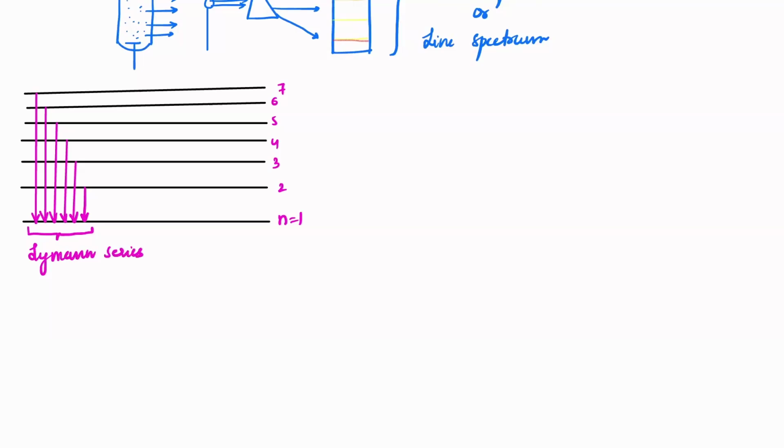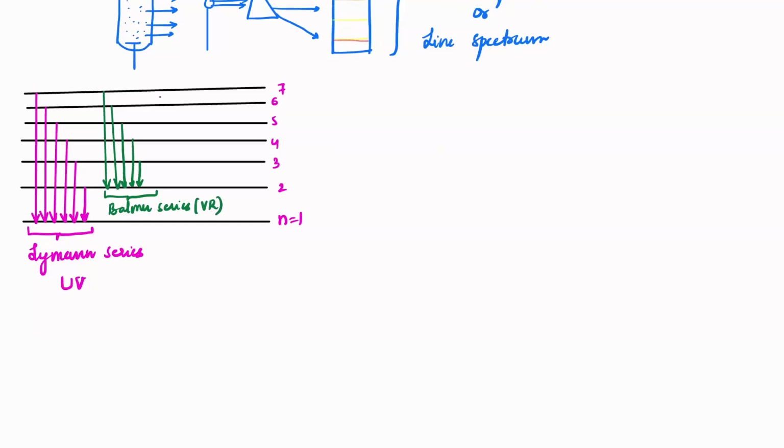These lines are only observed in the ultraviolet region. Next, if an electron in a higher energy orbit falls to n equal to 2, we call this the Balmer series, and it is typically observed in the visible region.